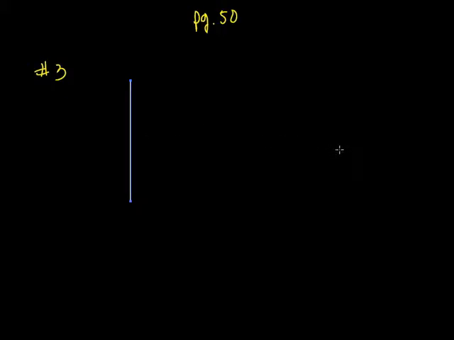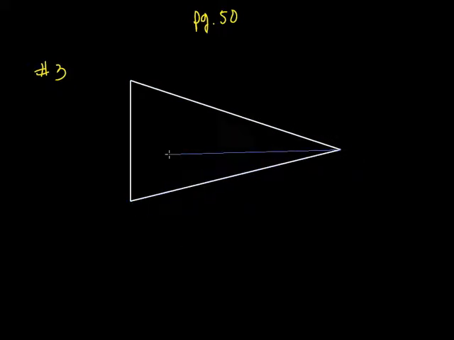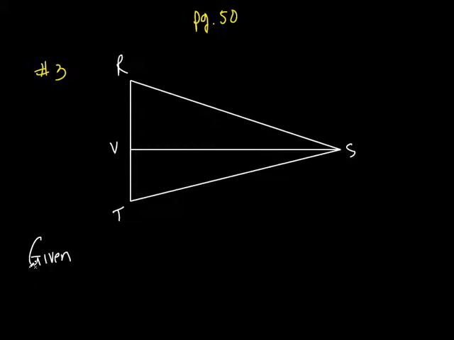Let me try to draw it out for you first. But it's always good to do things a couple times because it makes you learn it a little bit better. Put it right there. And this is R, V, and T down like this. And this is S over here. And they give you a given and a prove.